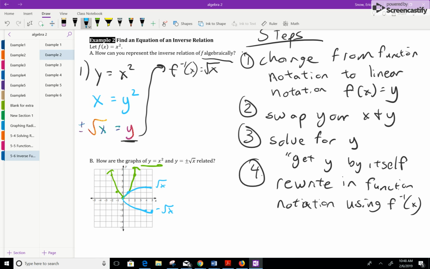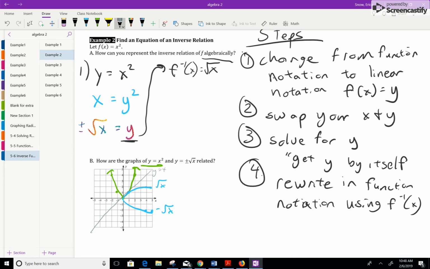If you look at those, it looks like a rotation. If I highlight this line right here, I'm going to draw this gray line. This is the line y equals x.